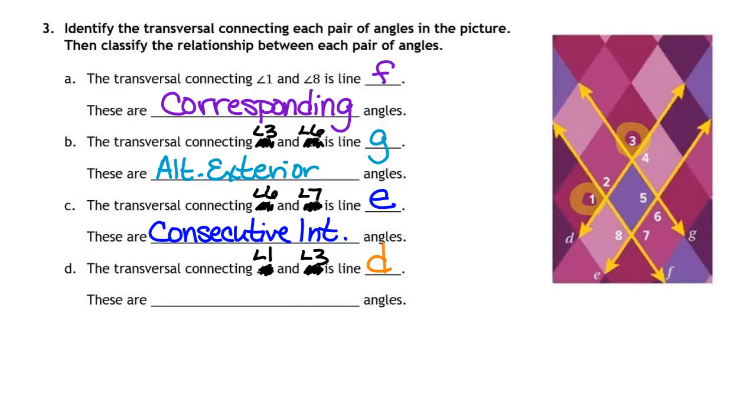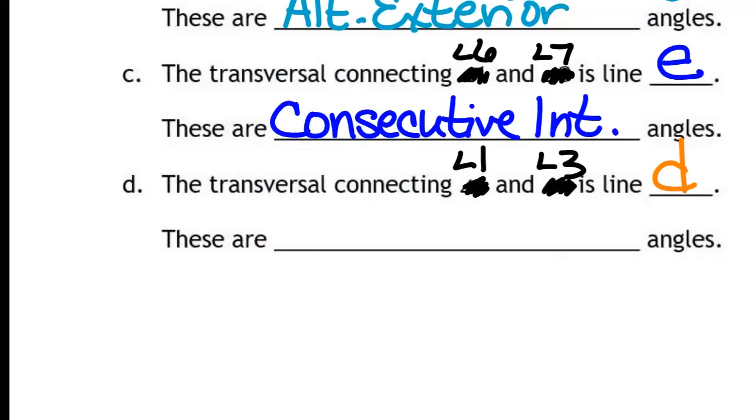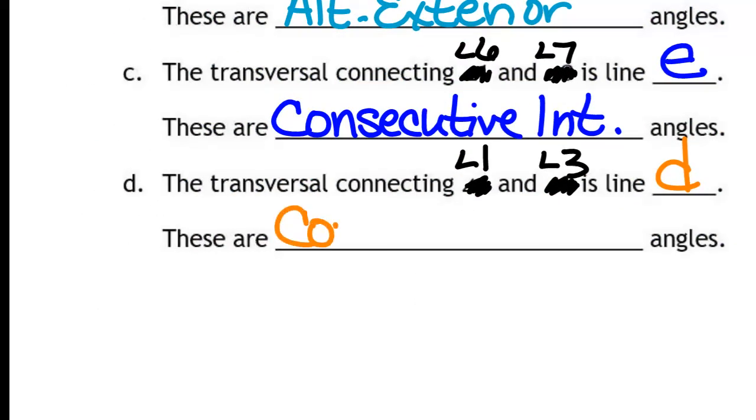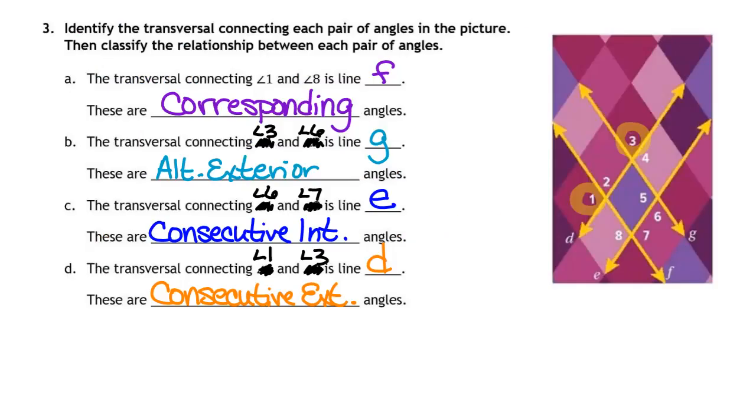They're both on the top. This is above. This one is also above. So they're on the same side of the transversal, but they are outside of these two lines. Consecutive exterior angles, yes. Consecutive exterior angles.